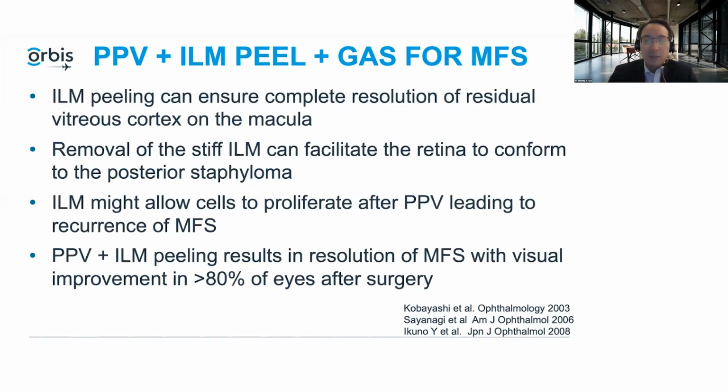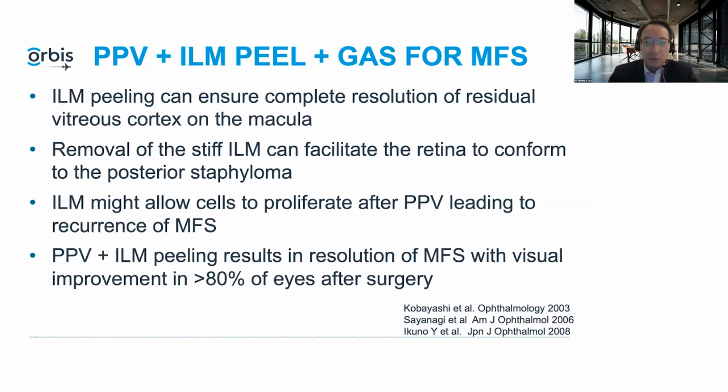The ILM peeling is mainly to ensure complete removal of the residual vitreous cortex on the macula, which reduces the traction due to these premacular structures. Also, removing the stiff ILM can facilitate the retina to conform to the posterior staphyloma.